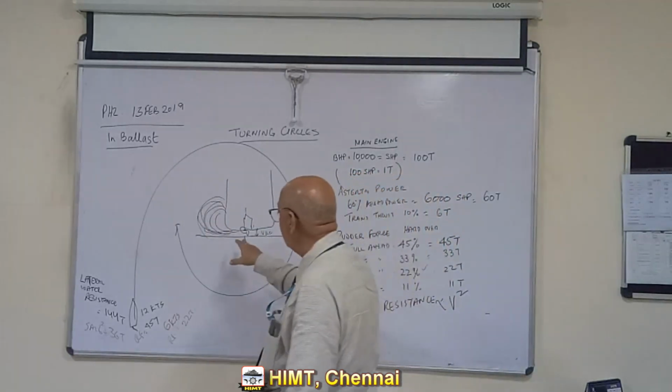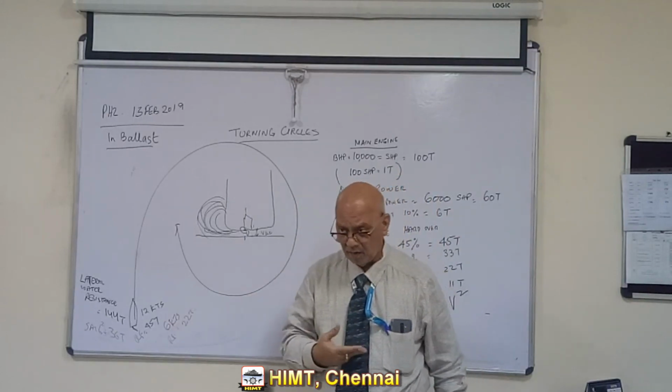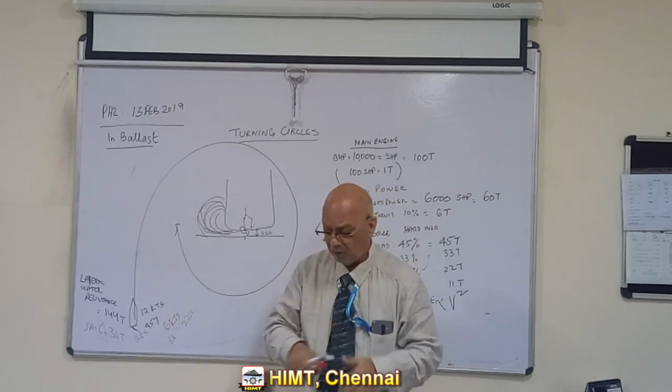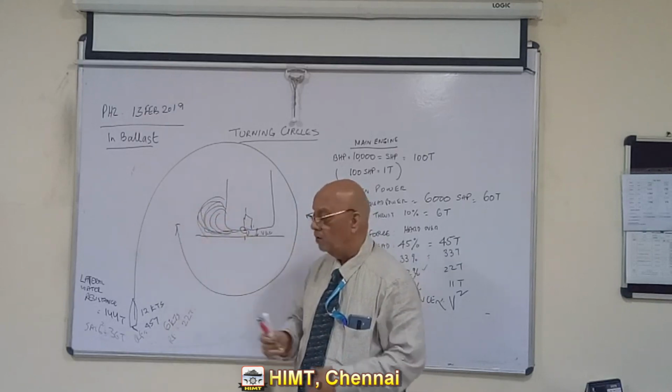So compared to your fully loaded condition, your turning circles in ballast will be small. But in shallow waters, the stern is unable to move freely. The additional accumulation of water has to be overcome.